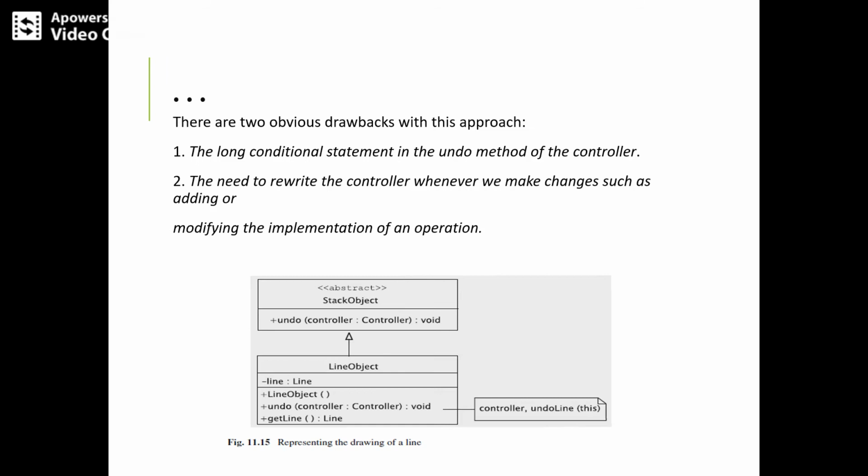Again, public class stack object, void undo, controller class, object, and get object name. If name equals line, controller undo line object; else name equals delete, controller undo delete object; else if name equals select, that could be taken.